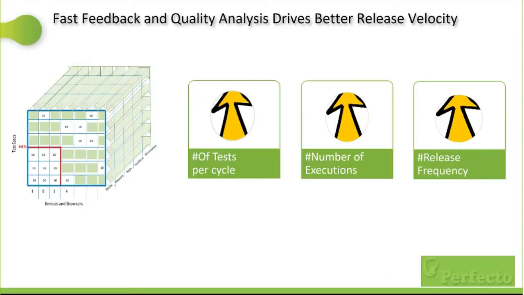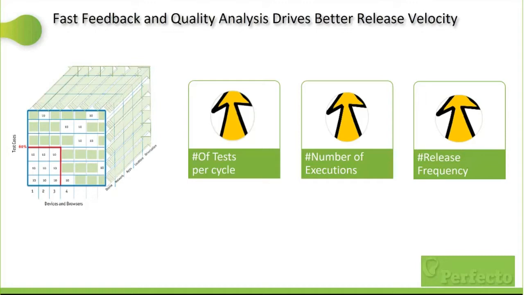So today's reality actually shows that the challenges are only growing, and what we are seeing in the market is that organizations are dealing with more tests that they need to execute per cycle. This is driven by, as you can see on the left-hand side, the Perfecto cube, as we call it, different environments in which you need to cover your tests.